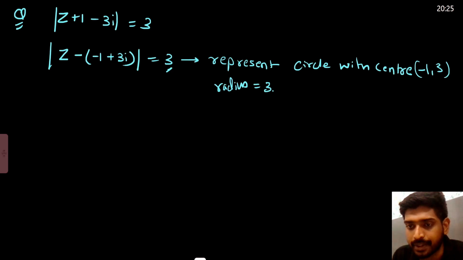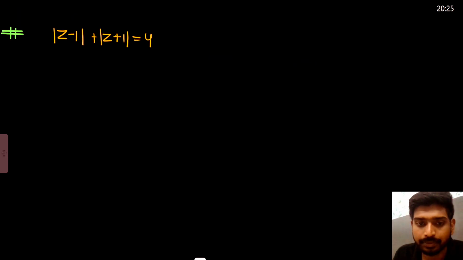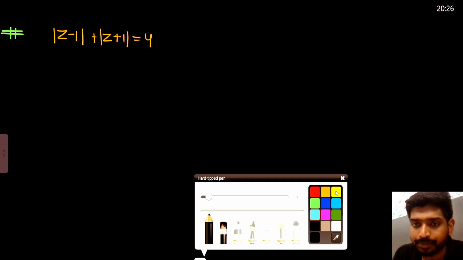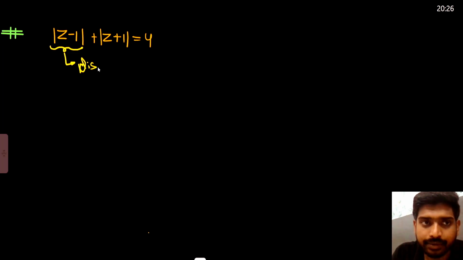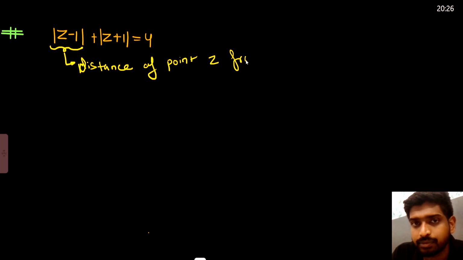Now suppose one more question. I'll take this question. They have given modulus of z minus 1 plus modulus of z plus 1 is equal to 4. What does this represent? This represents the distance of the point z from the point 1 comma 0.